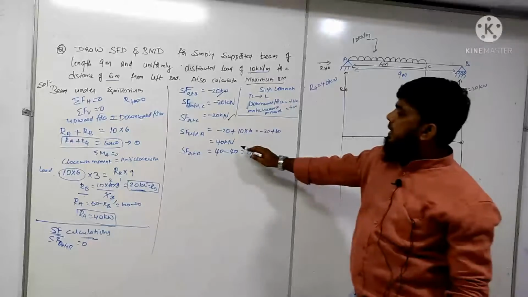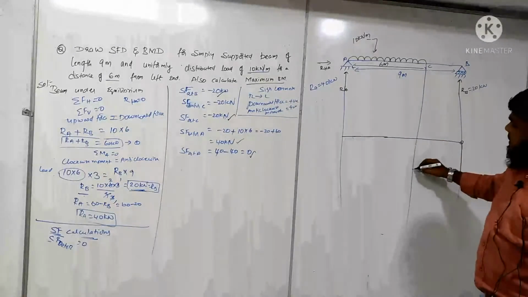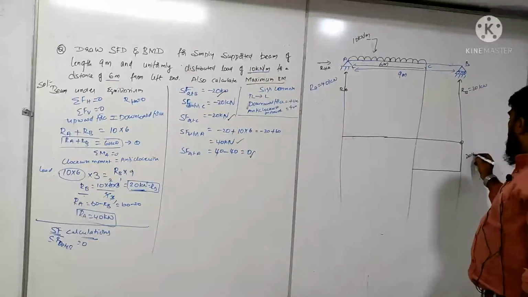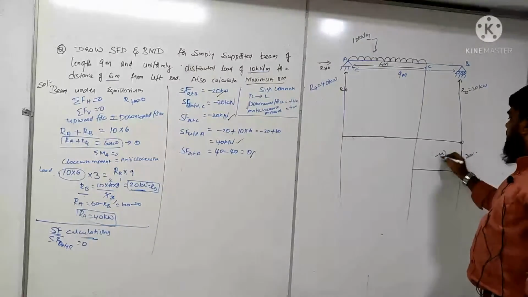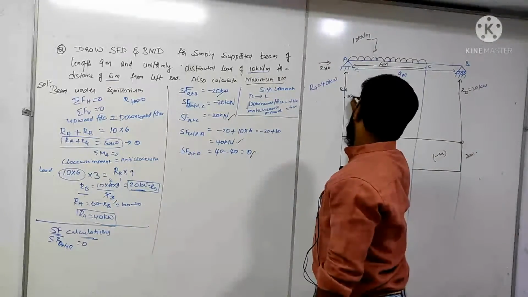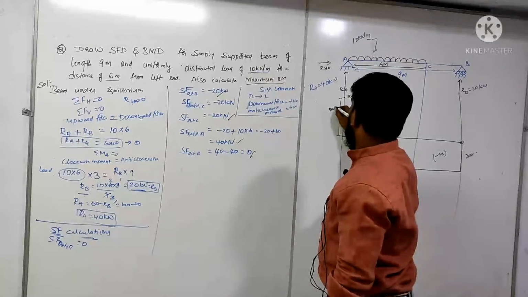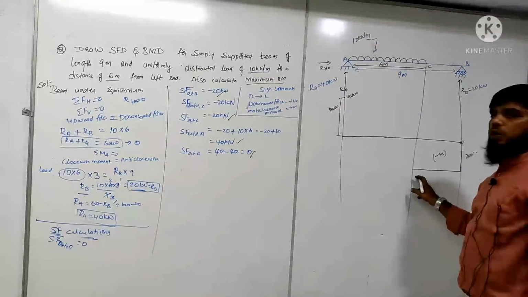What is this? 40 kilonewton before point A. From this point, what is this? 20 kilonewton in negative direction. Clear? From here to 40 kilonewton in positive direction. From here to here we have to join.